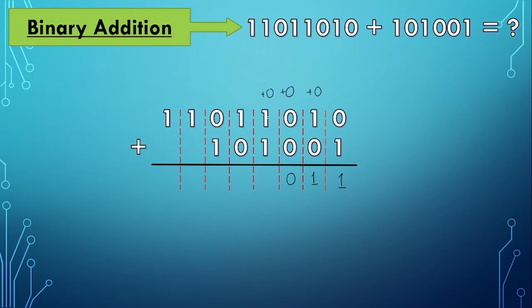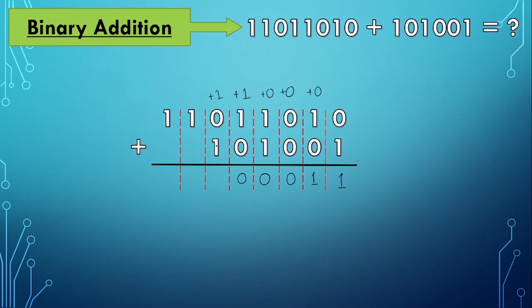Then 0 plus 1 plus 1, here 1 plus 1 is introduced, so sum is 0, carry is 1. It is very important. Then 1 plus 1 plus 0, again 1 plus 1 is there, so sum is 0, carry is 1.